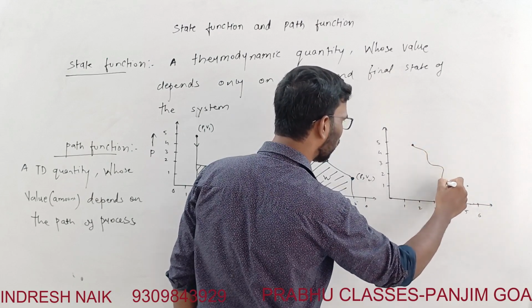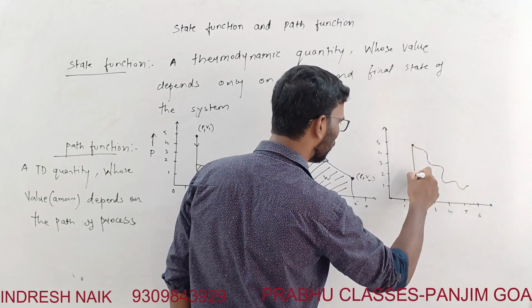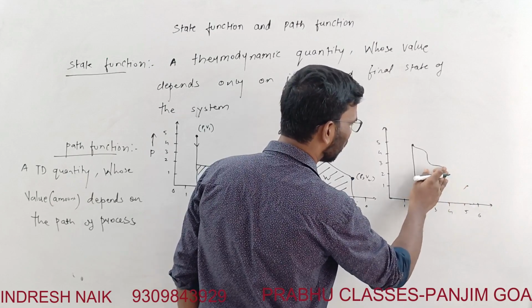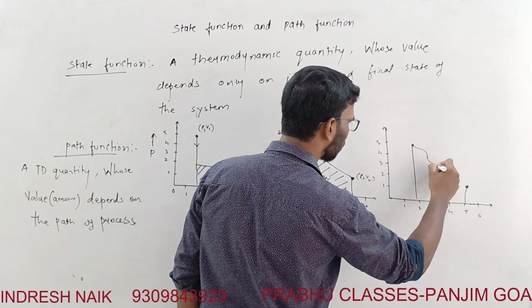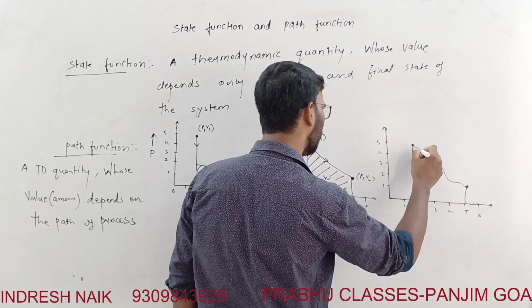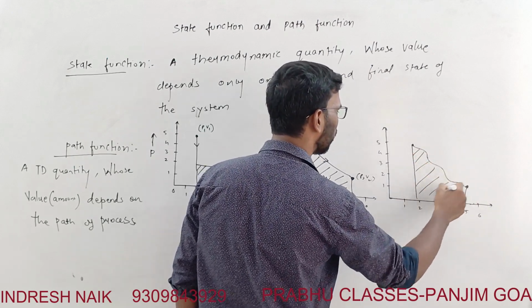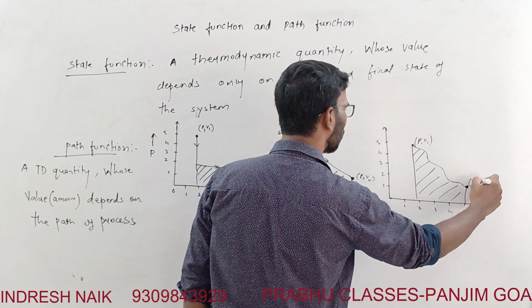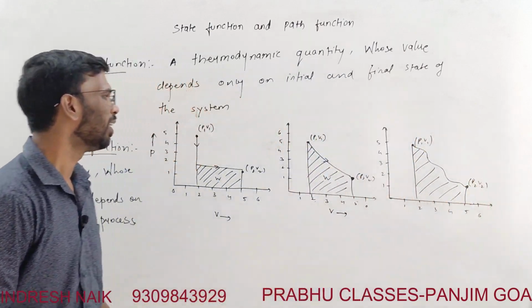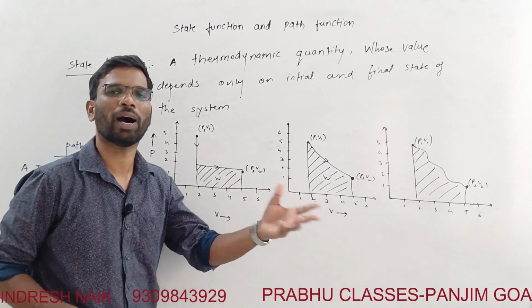If I do the work in this manner, just giving some, if it is done in this manner. Okay, here also the work done is different, here also the work done is different, but the values of the pressure and volume do not depend on how the path is taken.